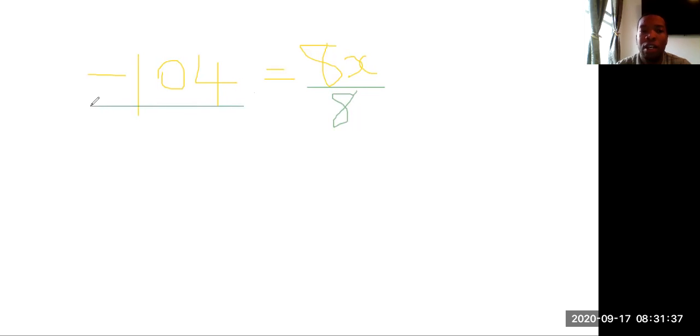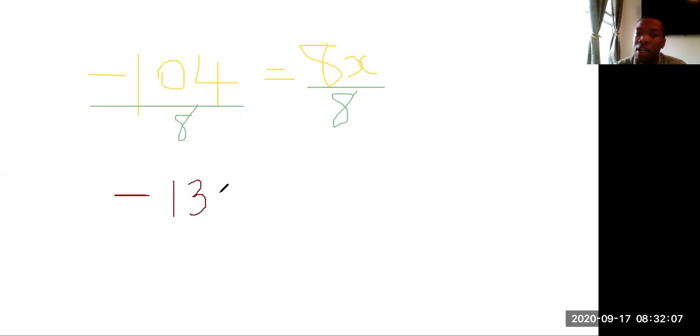Whatever you do on one side, sure enough, you've got to do on the other side. Now we've got to figure out what 104 divided by 8 is, which is 13. But the 104 is negative, and a negative number divided by a positive number is negative, and 104 divided by 8 is 13.